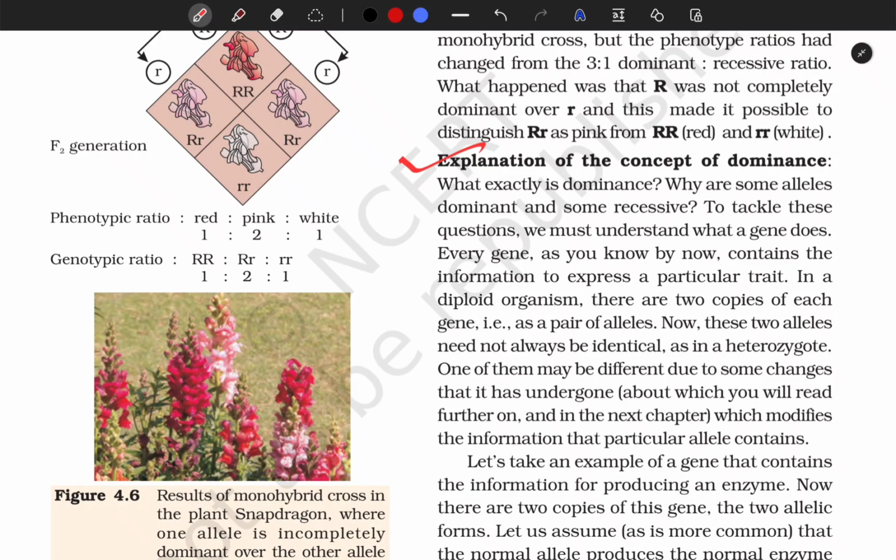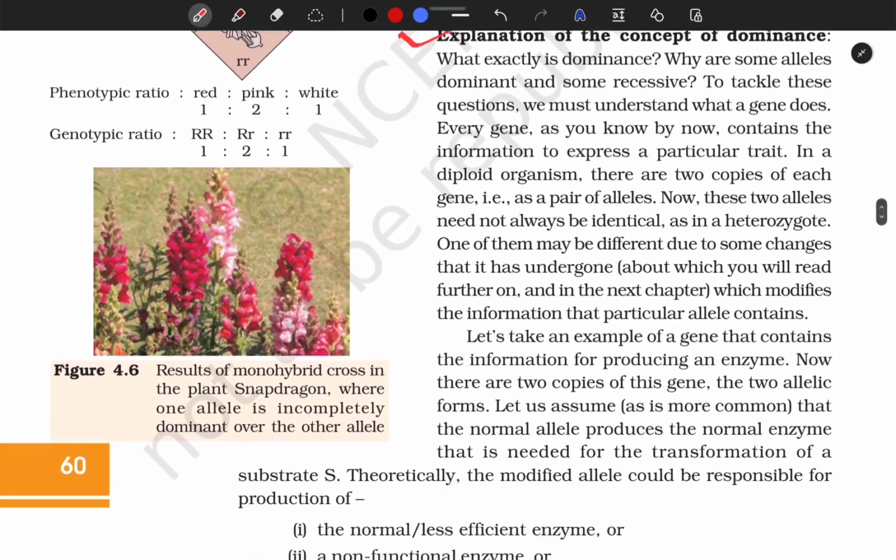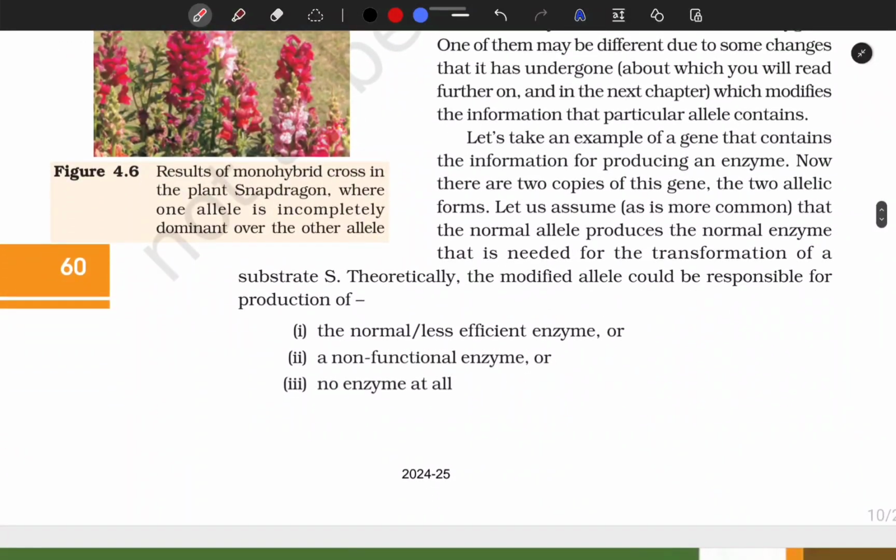Now, these two alleles need not always be identical, as in a heterozygote. One of them may be different due to some changes that it has undergone, about which you will read further on and in the next chapter, which modifies the information that particular allele contains.